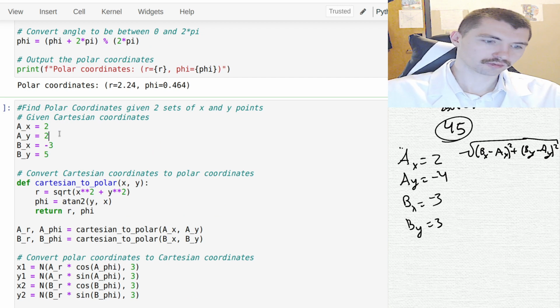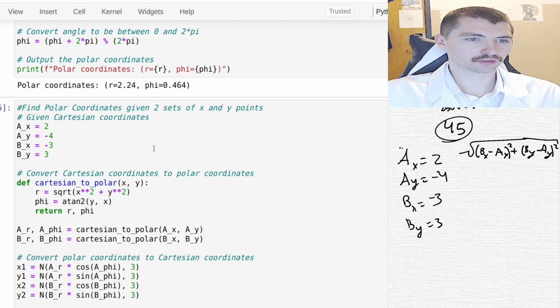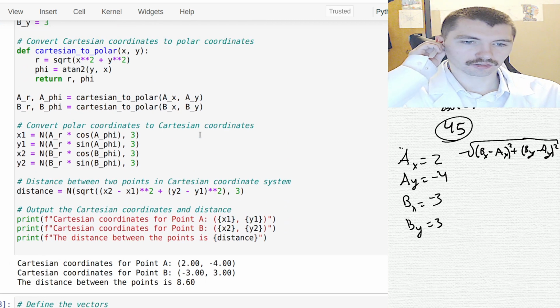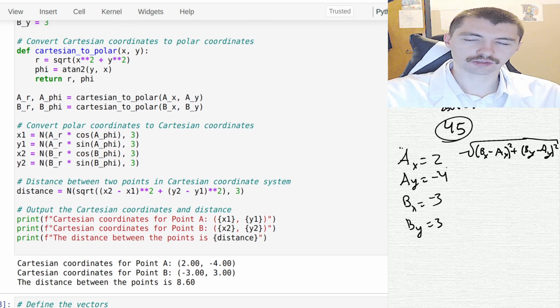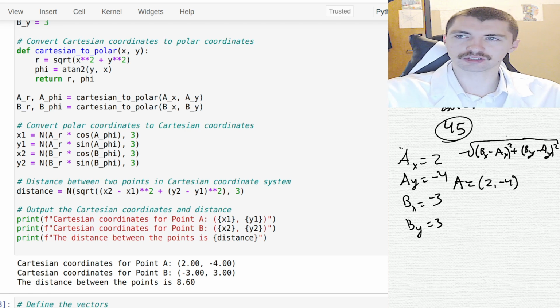So 2, -4, -3, 3. A is 2 cosine -4. So x1 minus x2, okay, so I did that wrong.